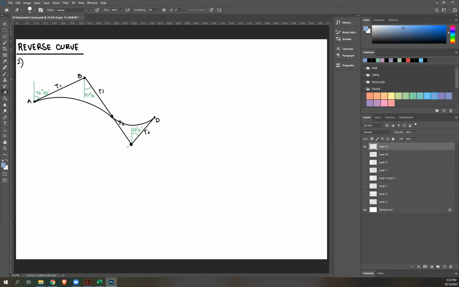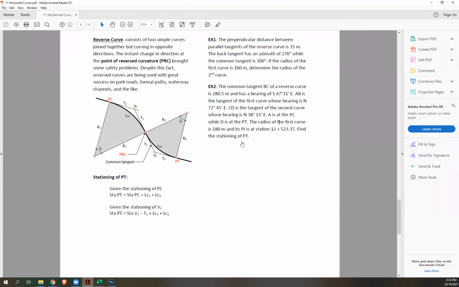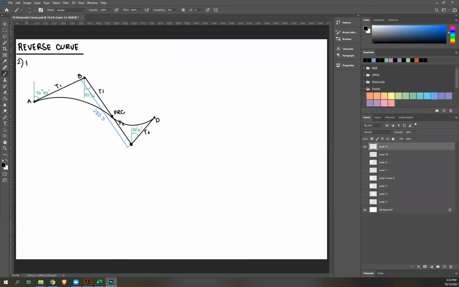I'll put it here, 280.5. What else? The radius of the first curve is 180, so R1 is 180.